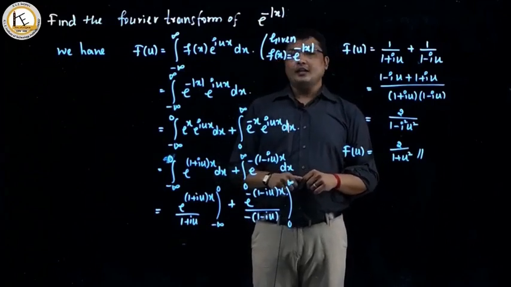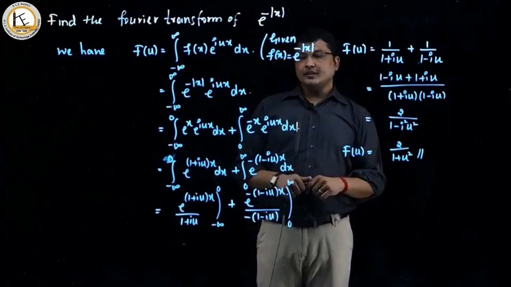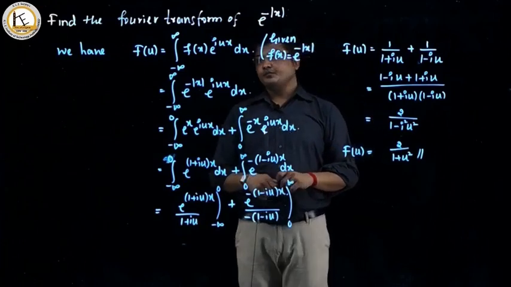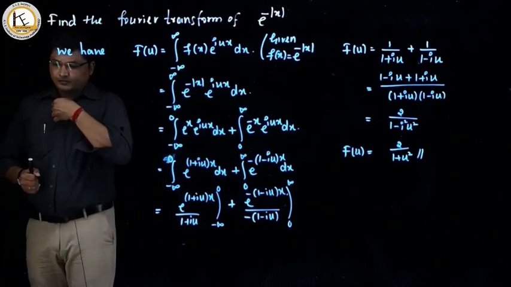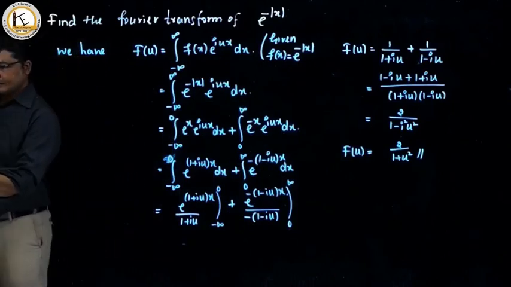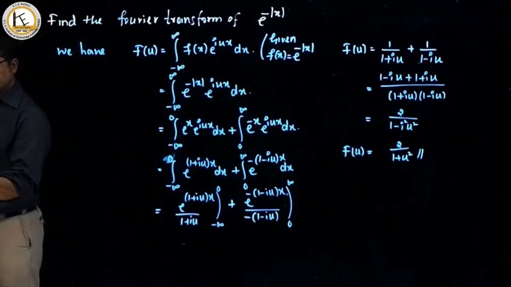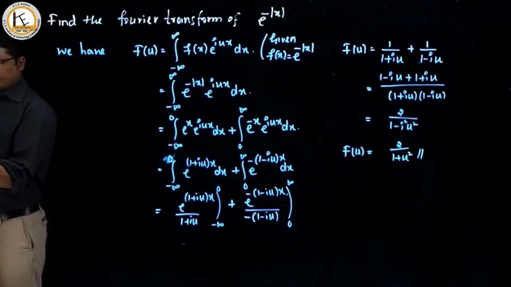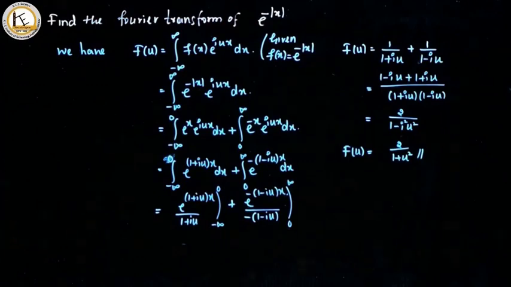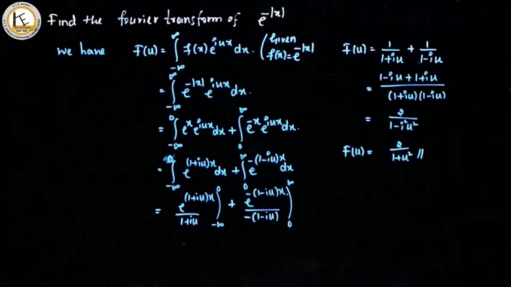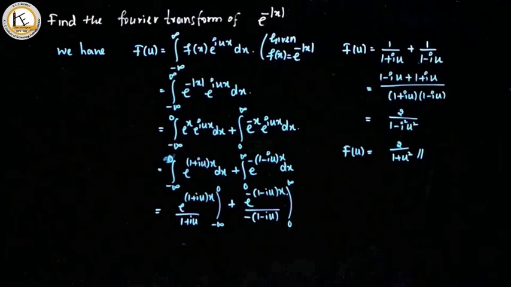And since we know that i square is nothing but minus 1, minus into minus becomes plus. So we have 2 divided by 1 plus u square, and hence this is the Fourier transform of the function e raised to minus of mod of x, and hence the solution.